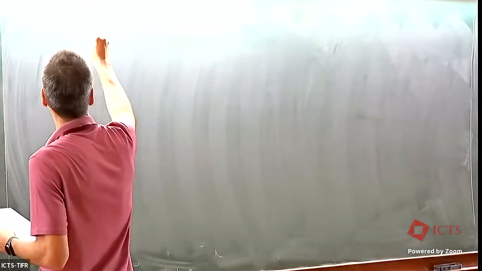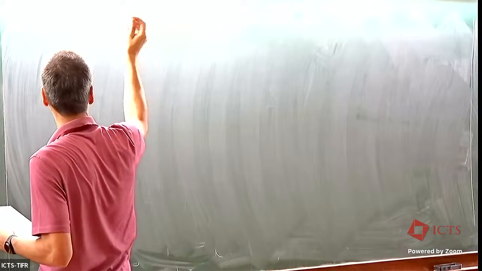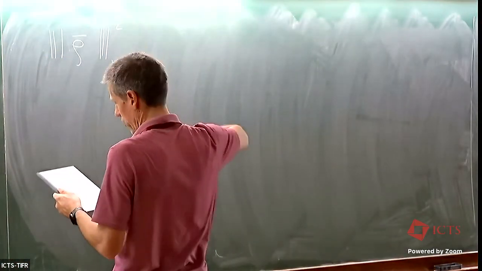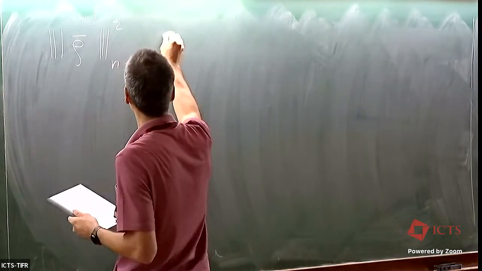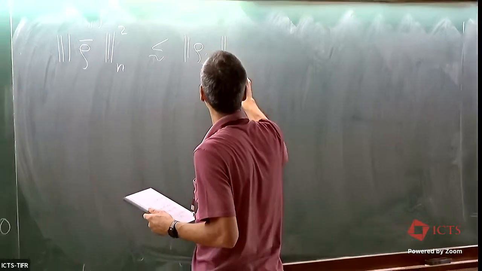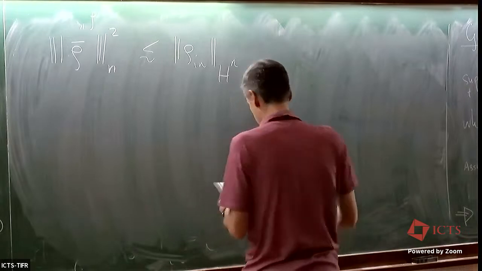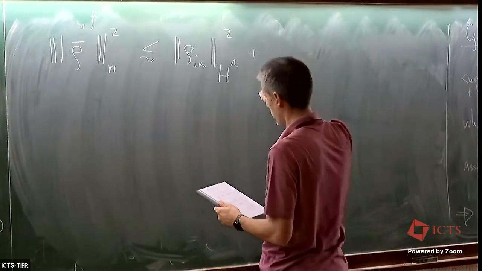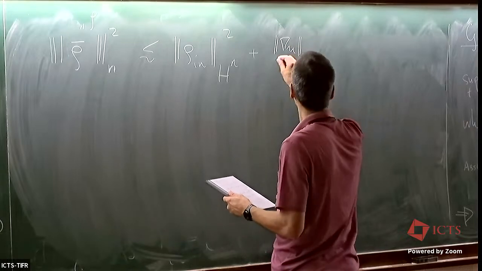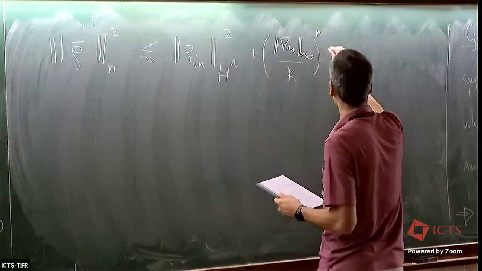So the bounds for the rho bar, so remember rho bar is the rho 0, the 0th order approximation. It will be bounded by initial data in Hn. Of course, it's Hn energy estimate squared, plus, and the other term is precisely of this type, to the power n times d.